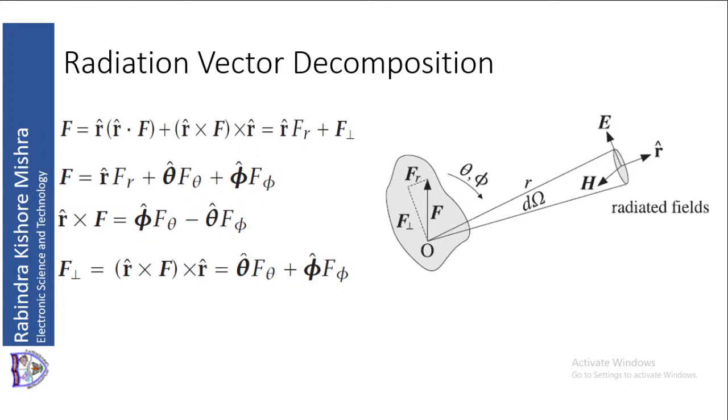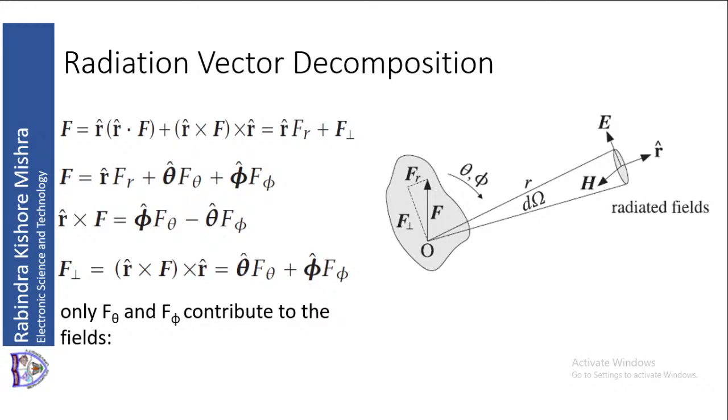Therefore, we can write the F perpendicular term. F perpendicular is r cap cross F cross r cap. So that we will write as phi cap F theta minus theta cap F phi whole cross multiplied with r cap. Phi cap cross r cap is theta cap. So the first term will be theta cap F theta. Then minus theta cap cross r cap is phi cap.